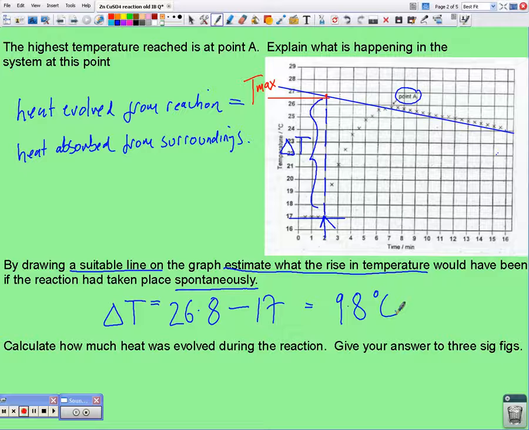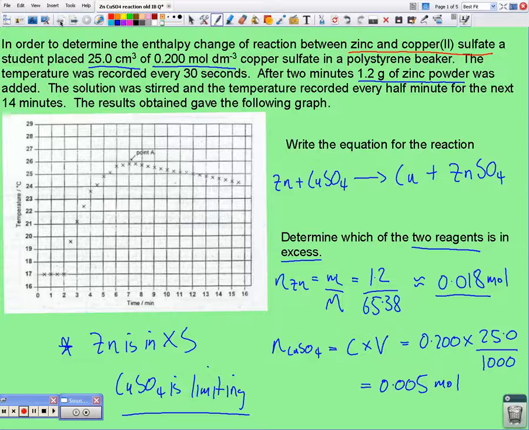So, calculating how much heat was evolved during the reaction, Q equals the mass of the solution. Well, the mass was 25.0 cc's. Because in this reaction we had a solid reacting with a solution to produce another solid and another solution, the temperature we recorded really was only of the copper sulfate solution, because the solid was a solid, it hadn't dissolved.